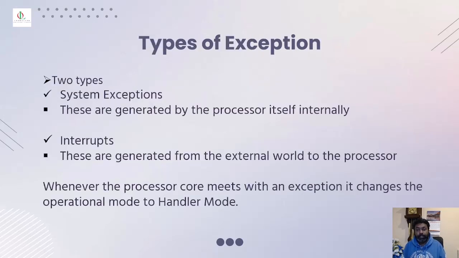What are all the types of exceptions? There are two types: system exceptions and interrupts. Those that are generated by the processor itself, internally, are called system exceptions. For example, the words hard fault, mem fault or bus fault: those are all generated from the processor itself.